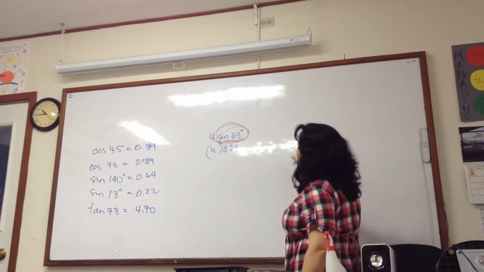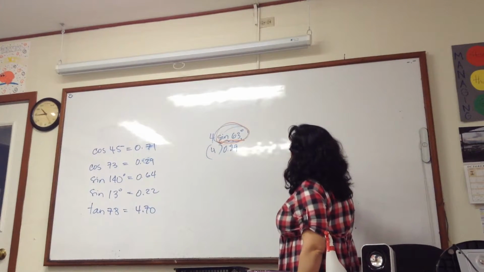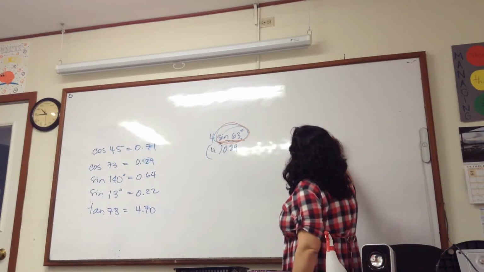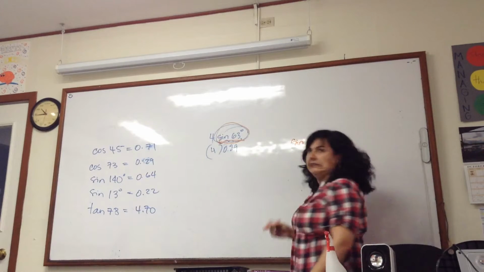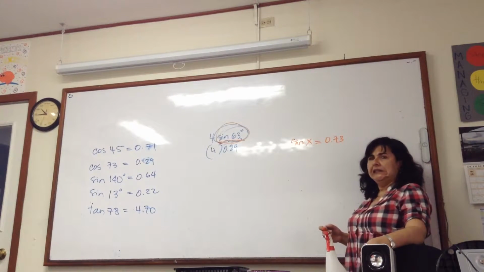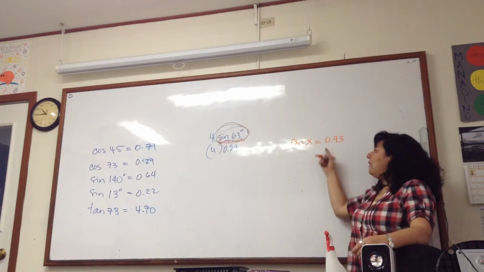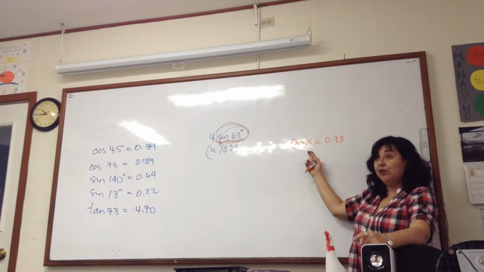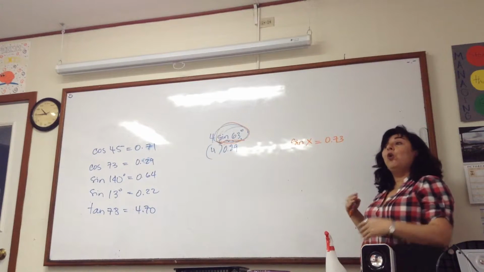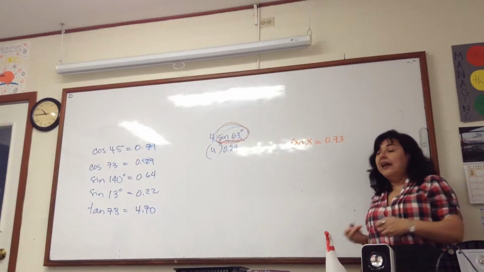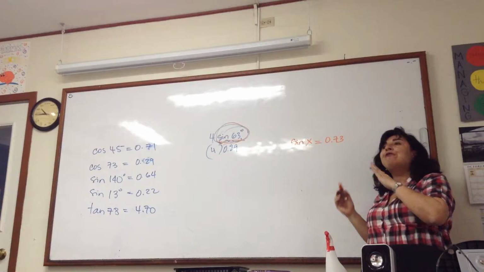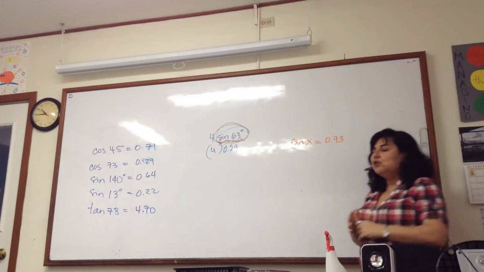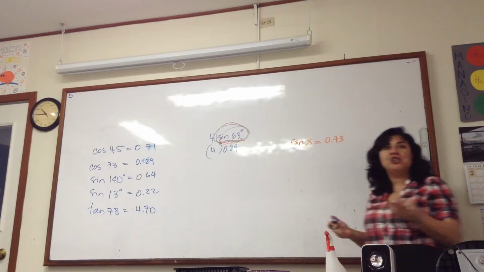Now what if you have sine of x equals 0.73? You would instinctively say, well, divide by sine, right? You can't do that, because these go together. This is a function. So mathematicians thought, every action has an equal but opposite reaction, so we call those inverse functions.